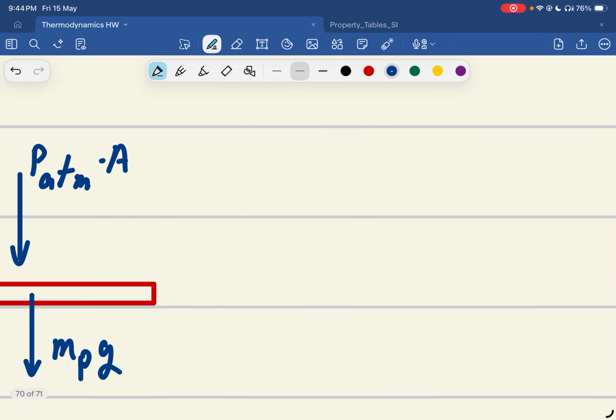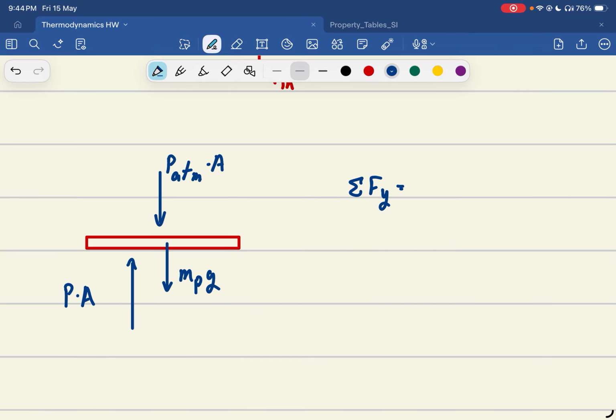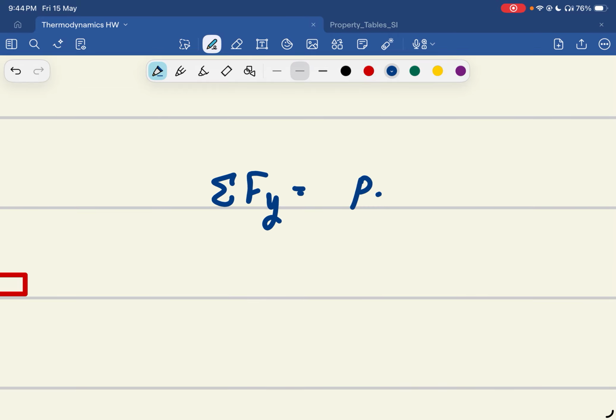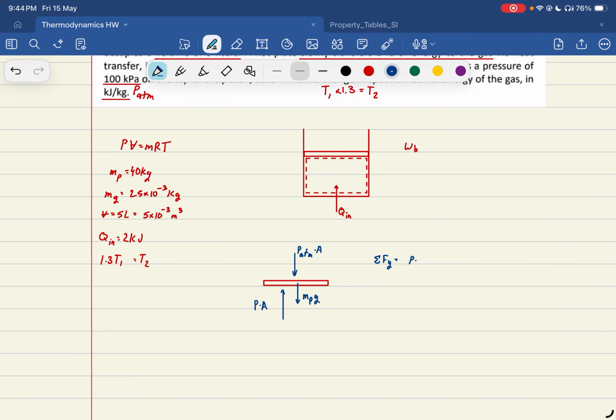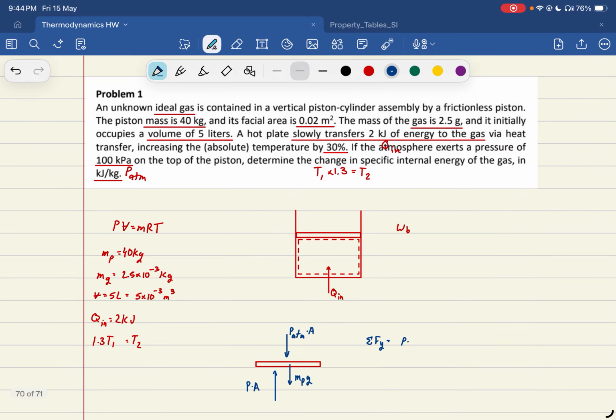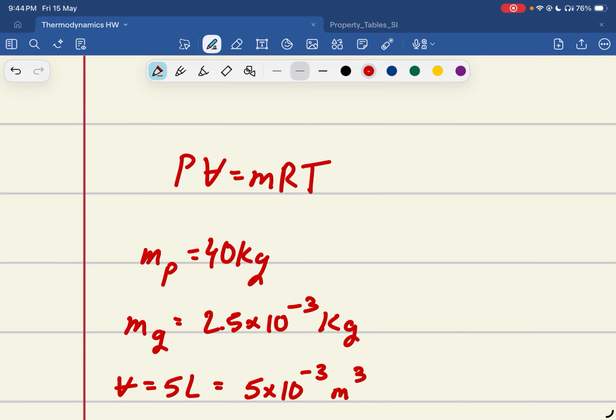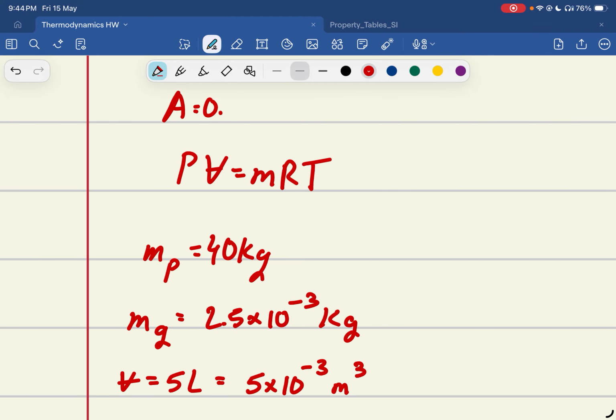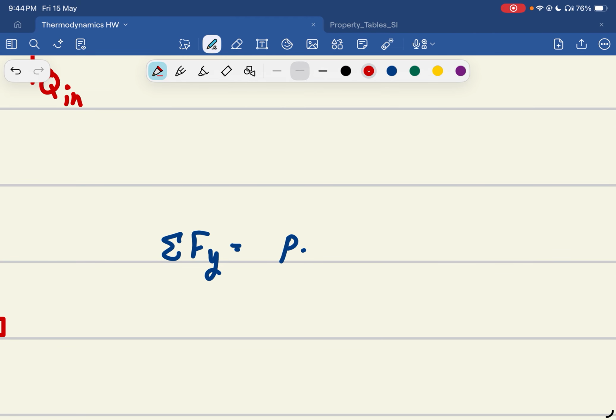Okay, and all of these are the forces in Y. So we can say P times 0.02, because that's the area as well. So area is 0.02 meters squared.